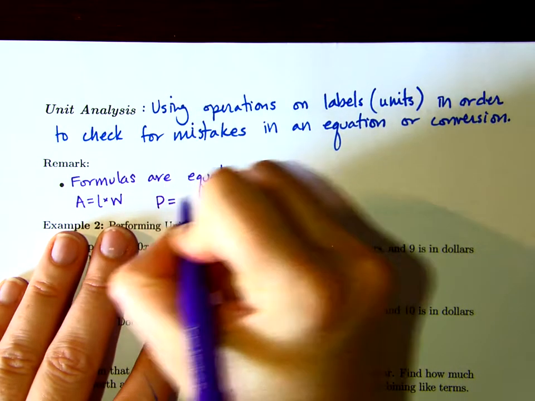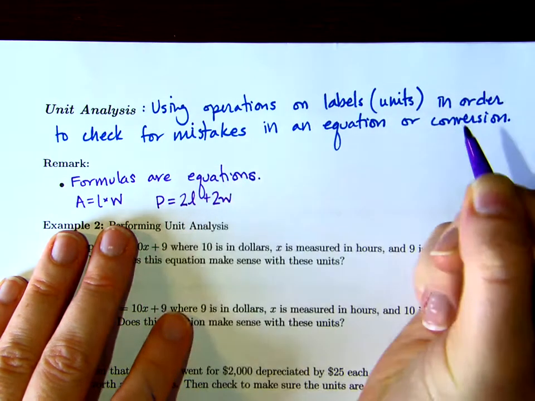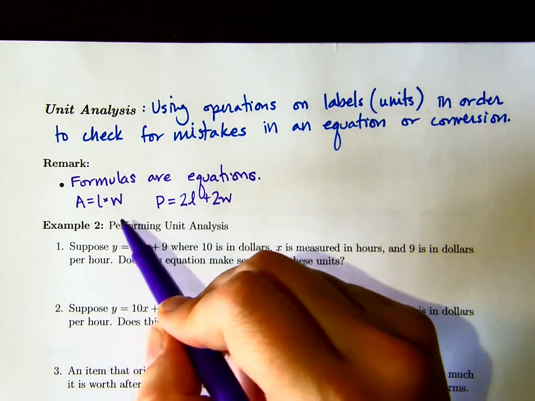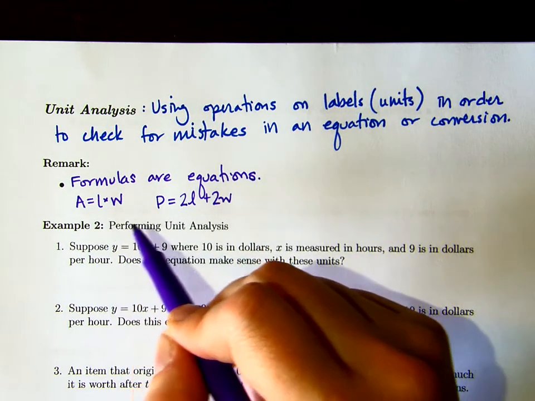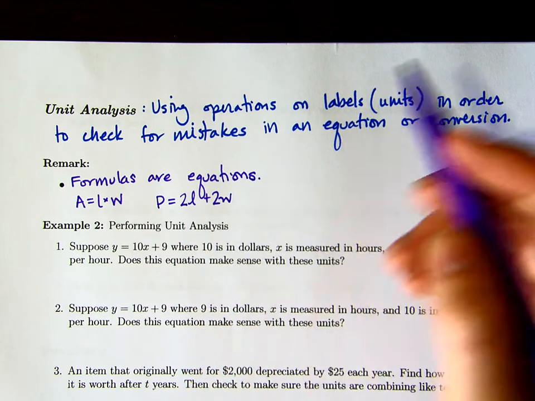Here's another geometric one. Perimeter of a rectangle, 2 L's, 2 W's. Not to mention perimeter and area of a circle, pi r squared and 2 pi r. We had other ones.